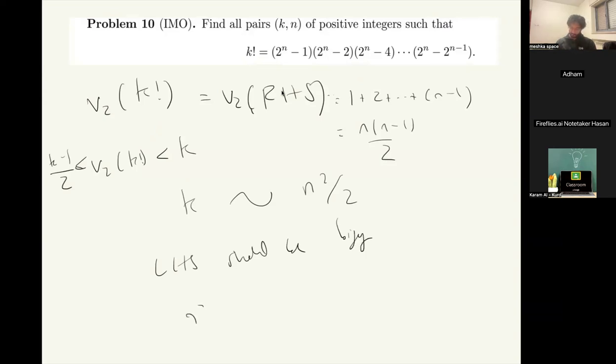If we take something like n squared factorial, we're multiplying n squared numbers that are all more than 2, whereas on the right-hand side we're doing something like 2 to the n to the n, which is 2 to the n squared. So the left-hand side should be much bigger, right? Because here we're multiplying approximately n squared numbers, whereas here we have something like n squared factorial. So the left-hand side should be bigger. Does it make sense, Adam, what I'm saying?